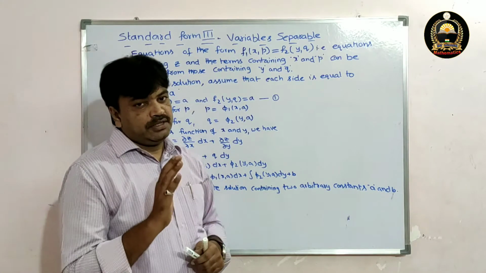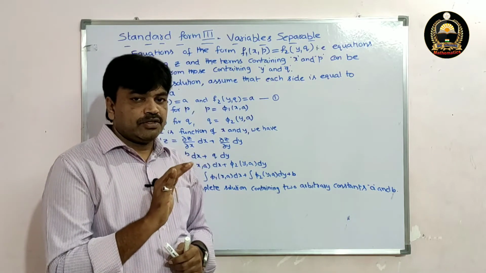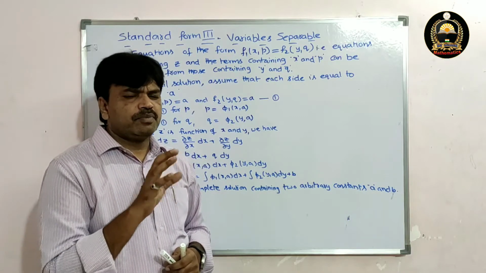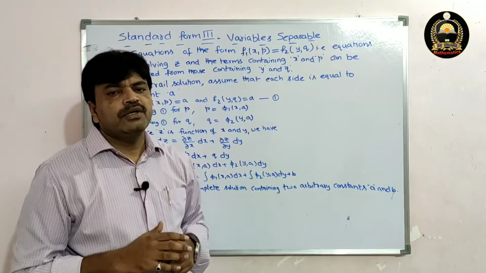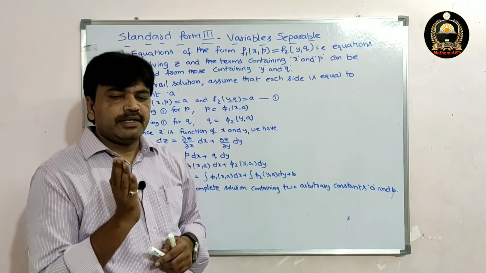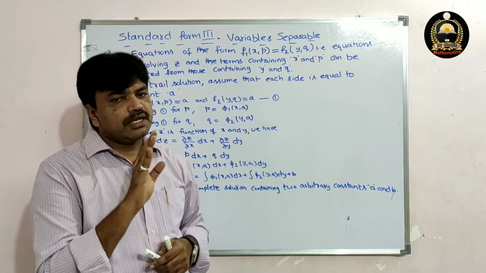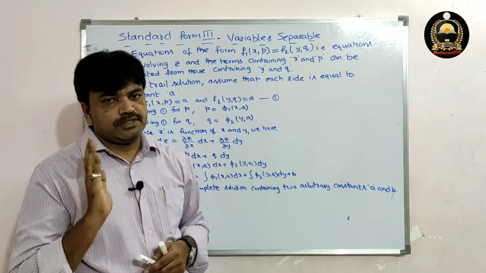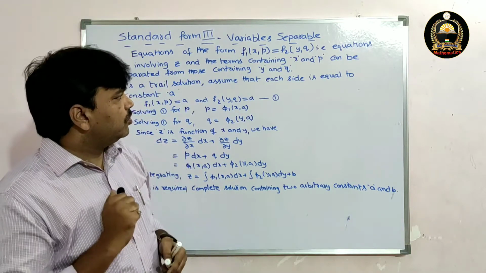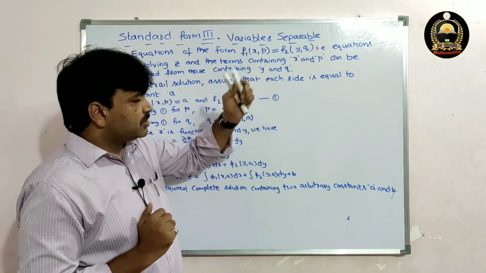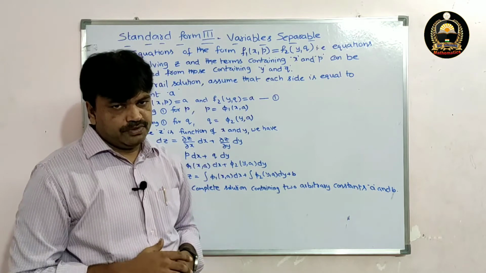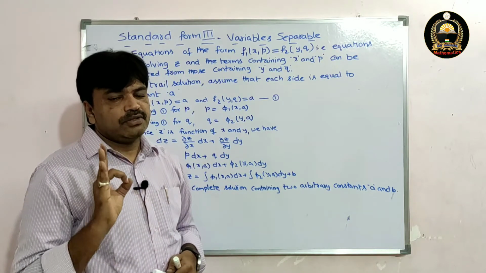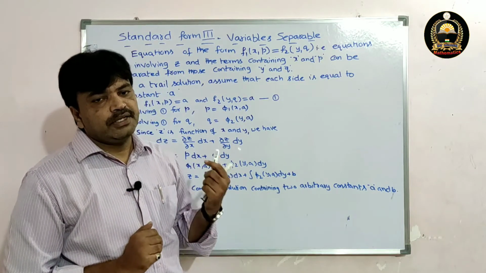So x and p are on one side and y and q on the other. If the given problem has these mixed, you can write xp on one side and yq on the other. Now I want to find the solution of such type of equations.